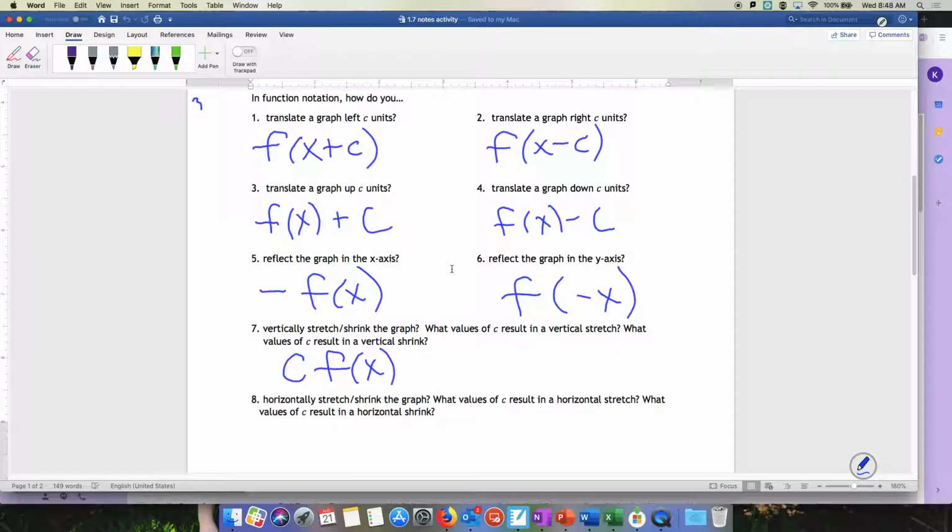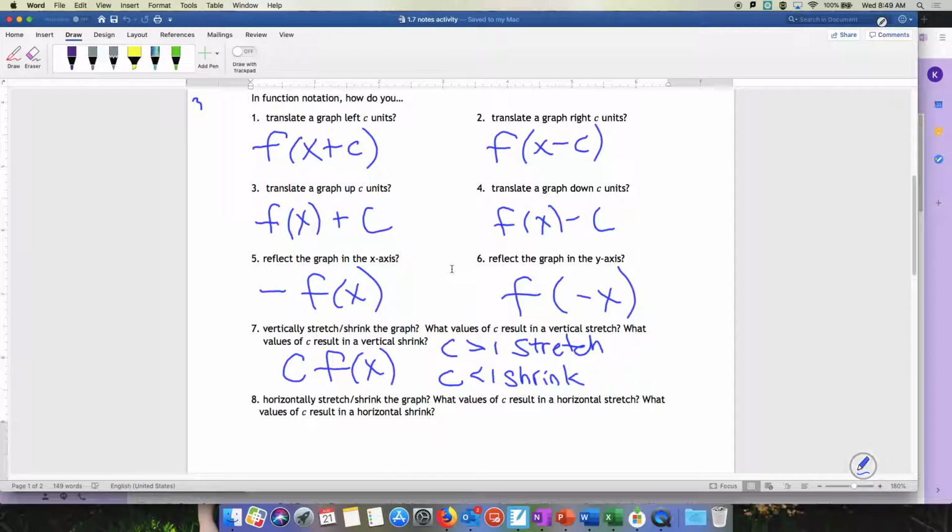Sometimes it's going to be a fraction, sometimes it's going to be an integer value, but that C is going to tell us whether it's a stretch or a shrink, okay? Up in number 1E, if we vertically stretched, did you have a number bigger than 1 or less than 1? Stretch. Oh, big. Okay. I saw a lot of 2x squareds for 1e. Okay, you vertically stretched it. So if c is greater than 1, we have a stretch. And if c is less than 1, we have a shrink.